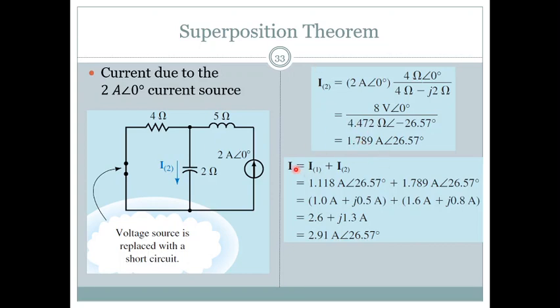The superposition theorem is applicable to complex numbers, but it has to be applied in the complex number domain. So the total current I is equal to I1 plus I2, and this will give us 2.91 amperes at an angle of 26.56.